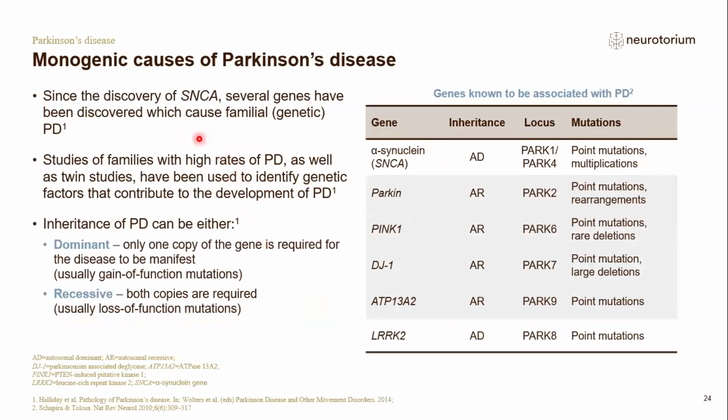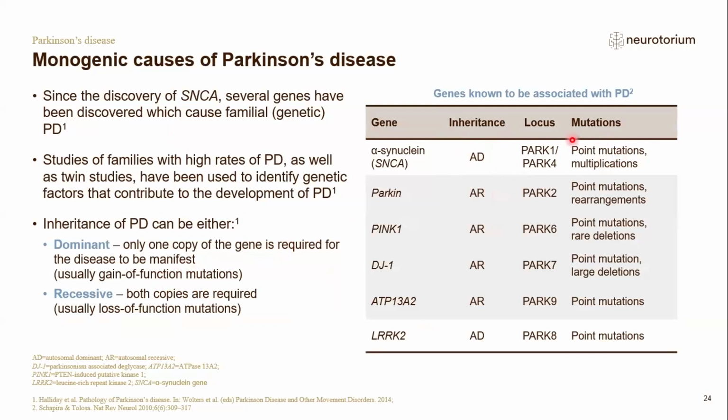So again, where you see AD, that is autosomal dominant, versus autosomal recessive, okay? Here, you need one parent, you just need one copy of it and you will be at risk, okay?